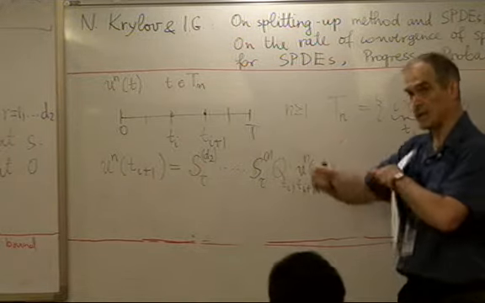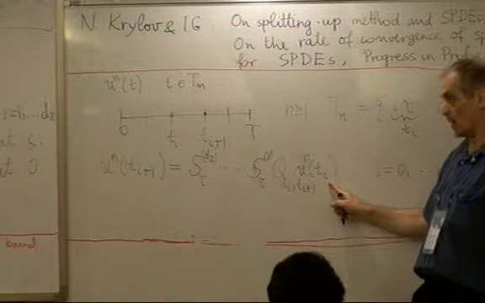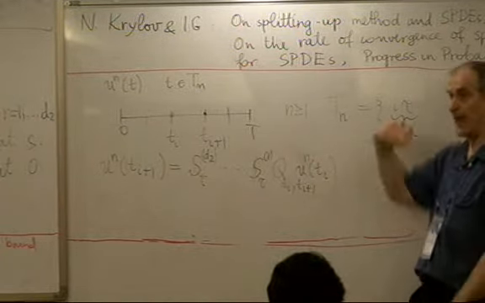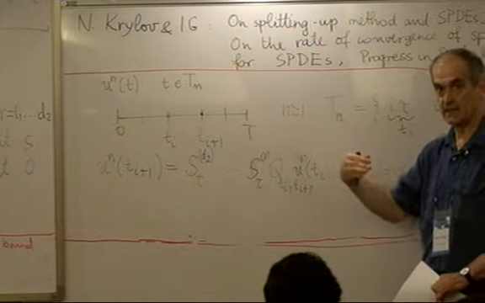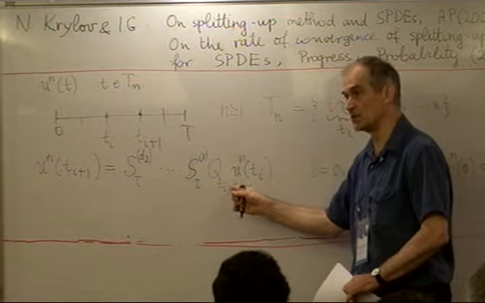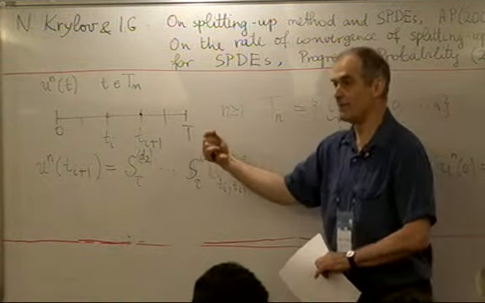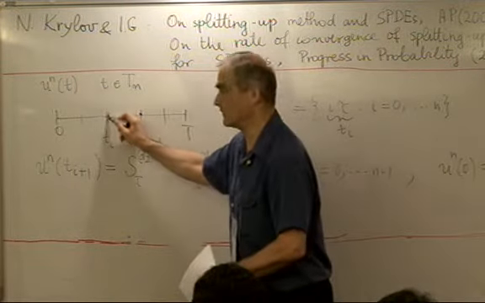But then the next time I should take the UNT1 and start with that as an initial condition, solve with this initial condition, and then take it again back as an initial condition at the time point.